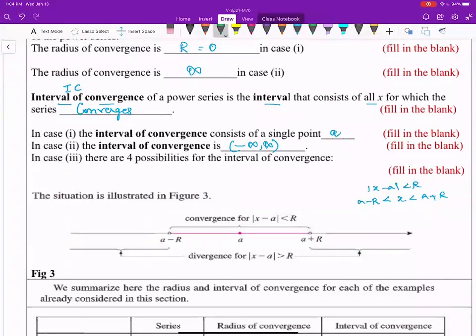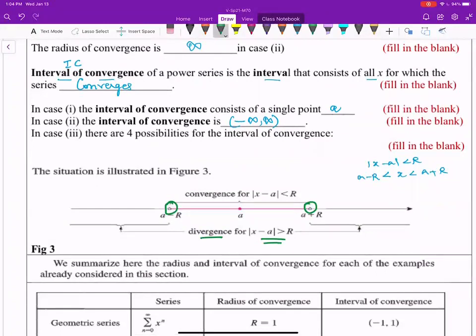Though we don't know anything definite about what happens at these two endpoints, outside of this interval it is definitely divergent: when x is more than a plus r, or x is less than a minus r.